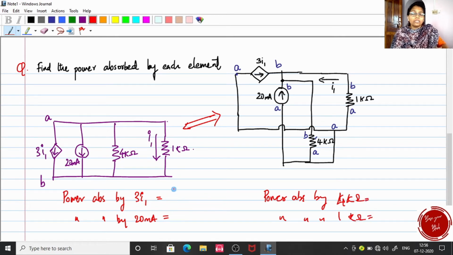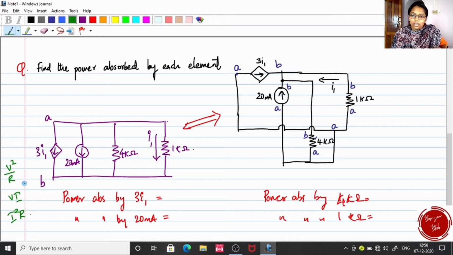What's the equation for power? Power has 3 equations: V square by R, or VI, or I square by R. Since here we have currents indicated, here also for these 2 elements we have currents given.